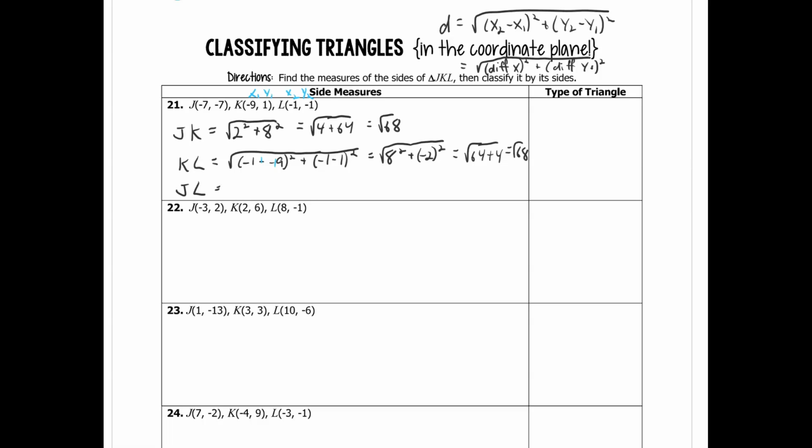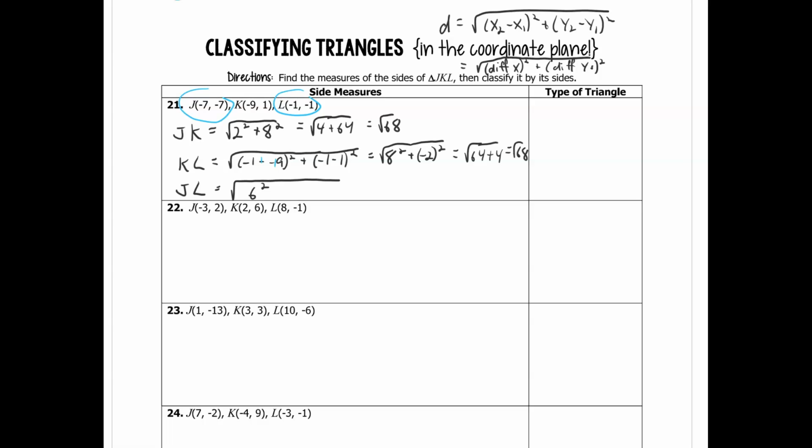So for the last one, I'm going to go back to my method, which now we're focused on J and L. So the difference in the x's, -7 to -1, those are 6 units apart. So that's going to be 6 squared.